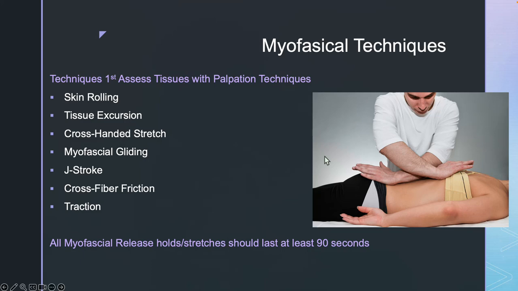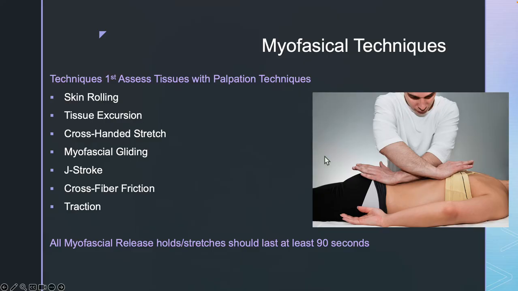You have one hand on mid-back range, one hand on sacrum, and you're pushing opposite directions. What that's doing is causing a stretch in all that lumbar fascia. Then you have something called myofascial gliding. Typically that's just putting your hand on the skin and slowly gliding.